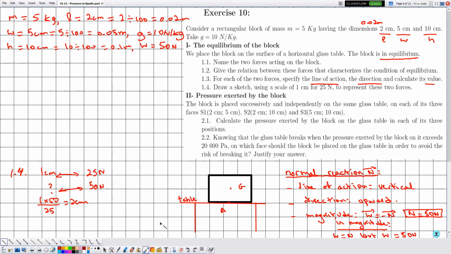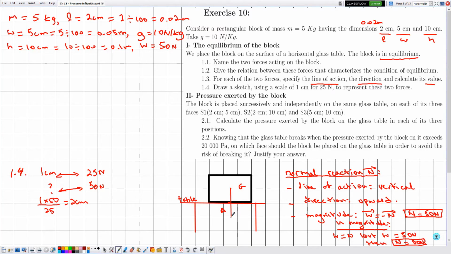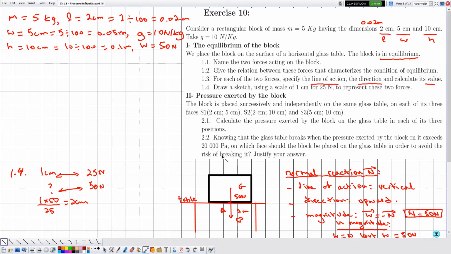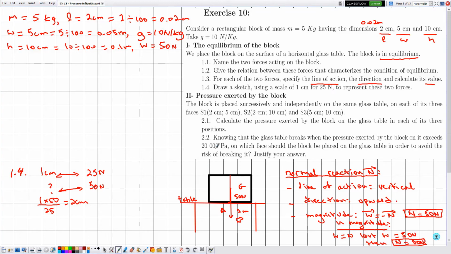We know that the weight acts vertically downward, and the length of the weight is 2 centimeters. So this is the weight W of length 2 centimeters corresponding to 50 newtons according to this scale, whereas the normal reaction acts at the point A vertically upward like this. So this is the normal.